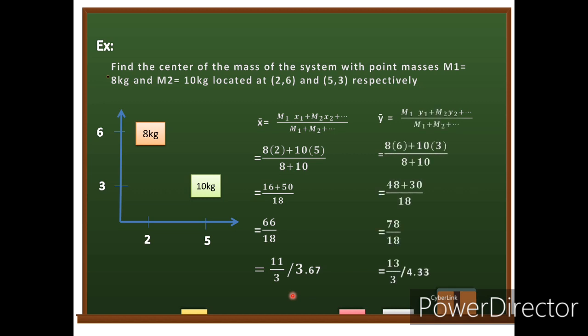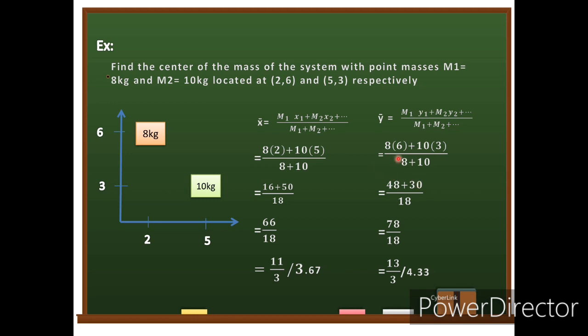So our y-axis: y bar is m1 times y1 plus m2 times y2, and so on, over m1 plus m2. So m1, which is 8, y1 is 6, plus 10 times y2, which is 3, over 8 plus 10.